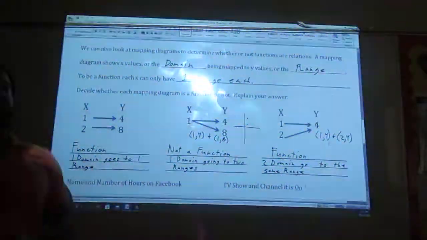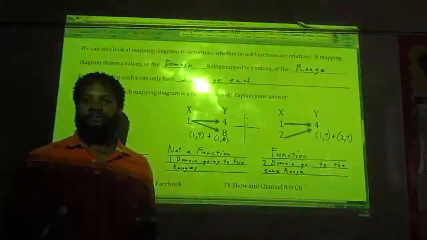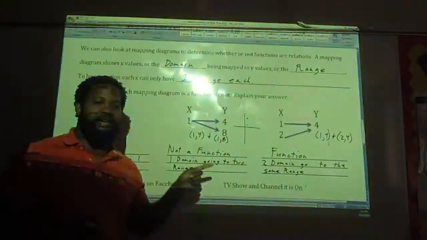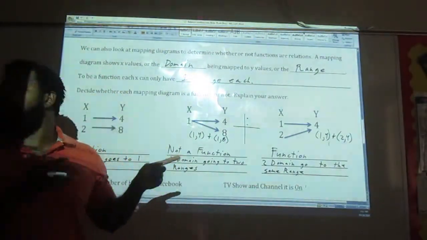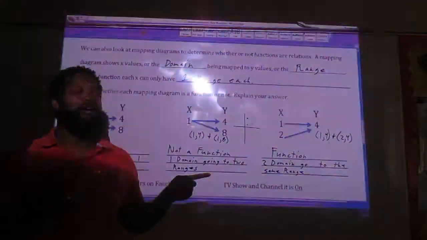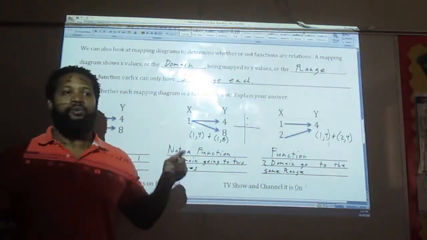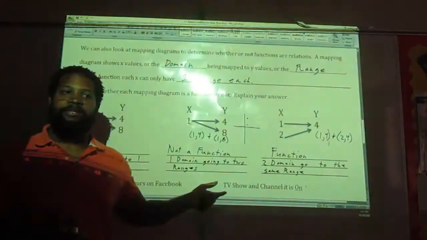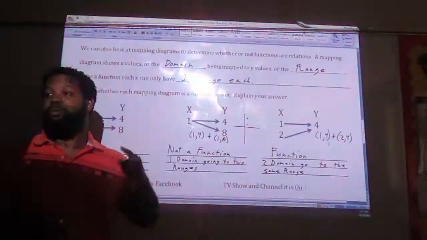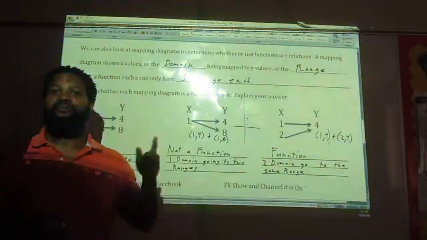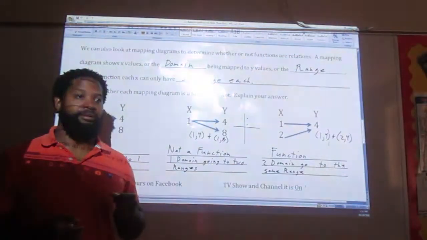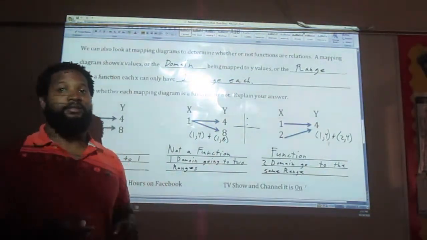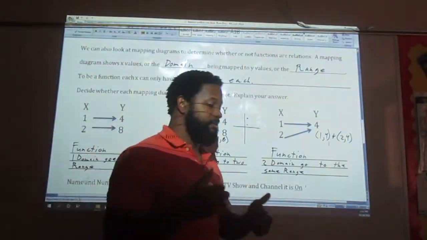That's easier. It doesn't necessarily matter how many domains you have. You can have 1, 2, 3, 4, 5, 6, 7, 8, 9, 10 all of them going to your range of 25, and that still makes them a function. Now, if you had 125, 225, 325, 125, that's not a function anymore, because you have two of the same domains. Cool? All right.